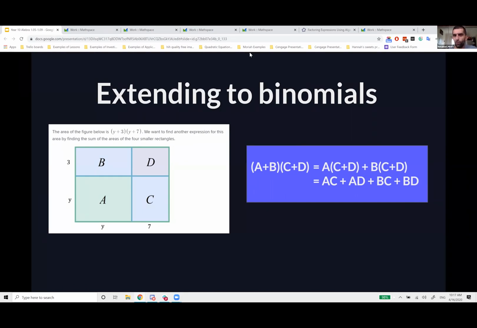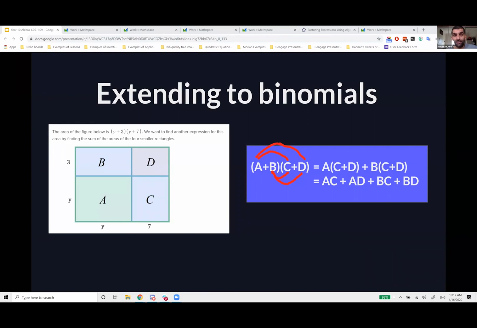Sometimes people call this the FOIL method, which just means first, outsides, insides, and lasts. But basically what you're doing is just going that times that, and then that times that over here. And then you're doing the same thing with the B times the C and the B times the D. So that's how you extend this to binomials.